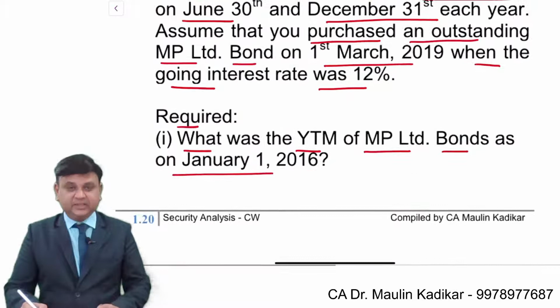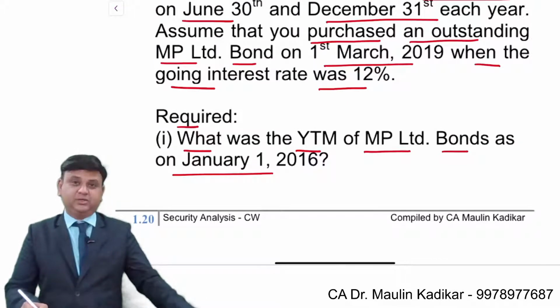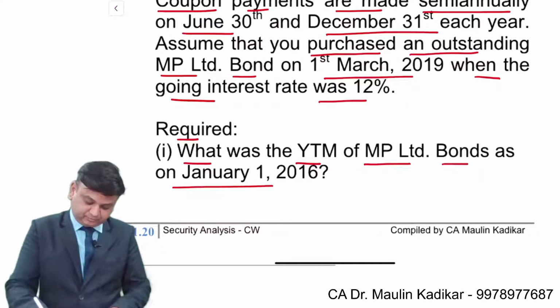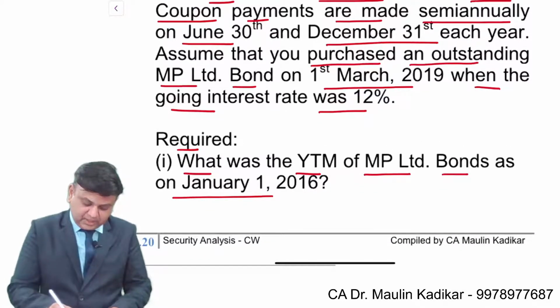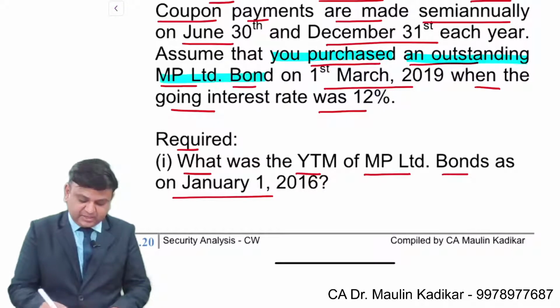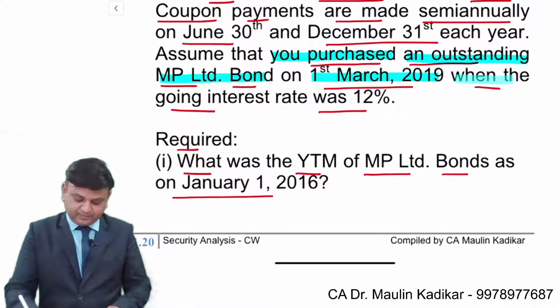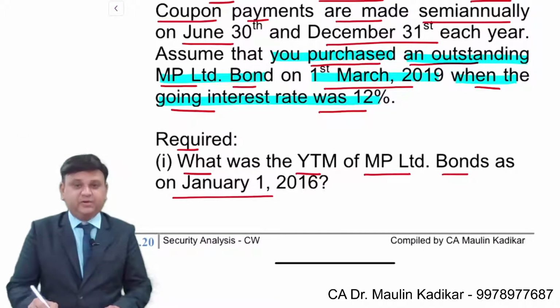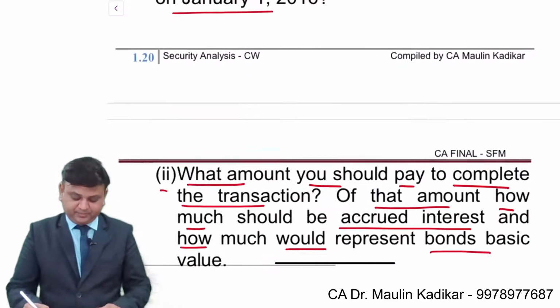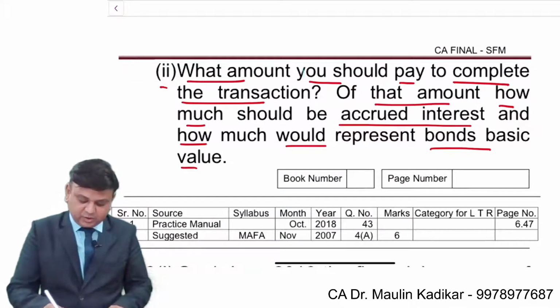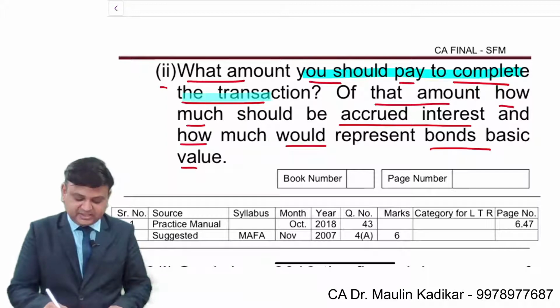Okay. Now this second part of the question is important. Over here the question says like this. Assume that you purchase an outstanding MP Limited bond on 1st of March 2019 when the going interest rate was 12%. For that, the question is what amount you should pay to complete the transaction.